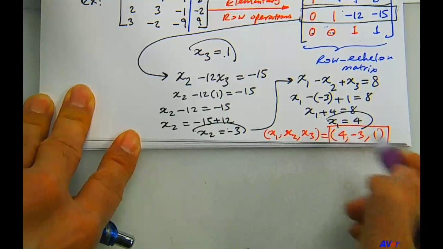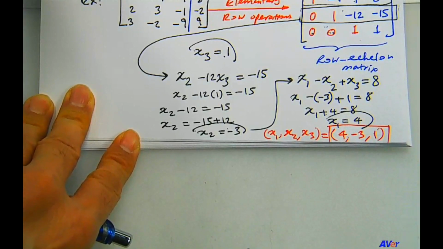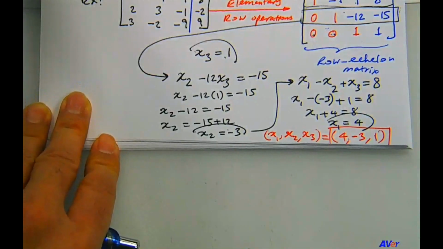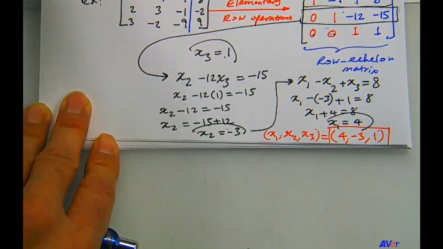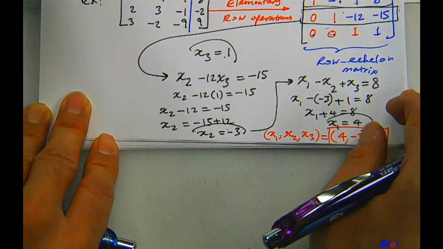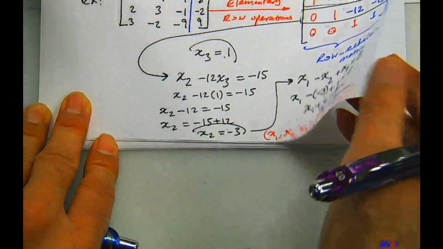That's the solution of the system. Okay, so now we've talked about how to use the row echelon form to solve a system. Let's talk about how to use the reduced row echelon form. We haven't talked about that yet, right? So we'll do that now.